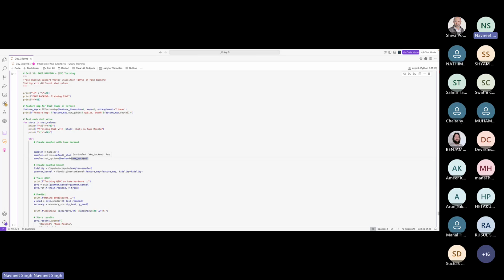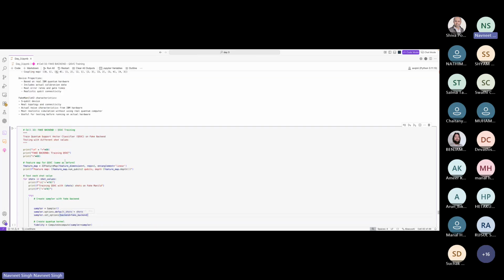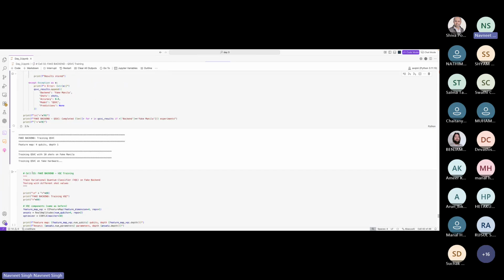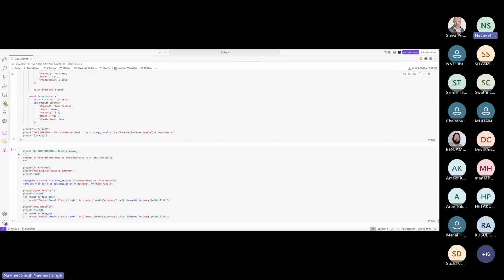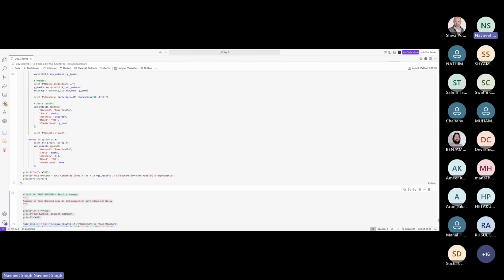If you want to use the fake backend, you change the backend here only, and the rest of the code is the same. If we run this code, it might run faster, but it still has lower performance in my terms, or maybe it will work better than the other implementations I have shown you. So let's wait for this.